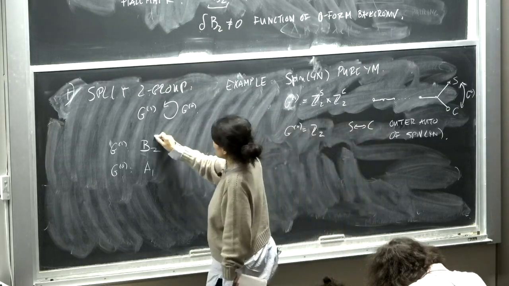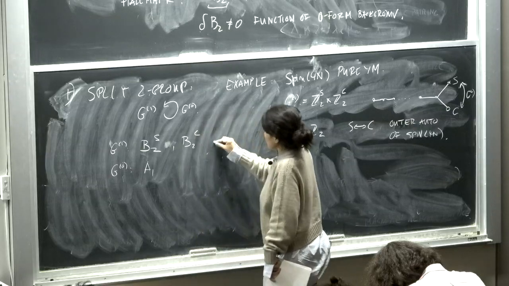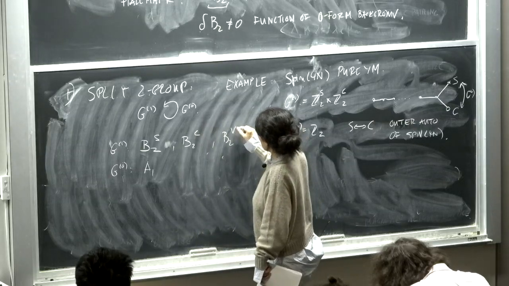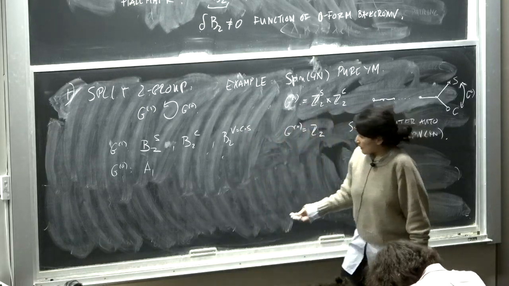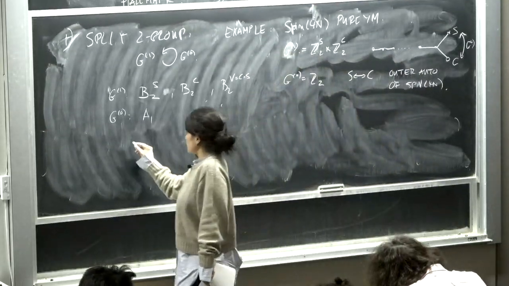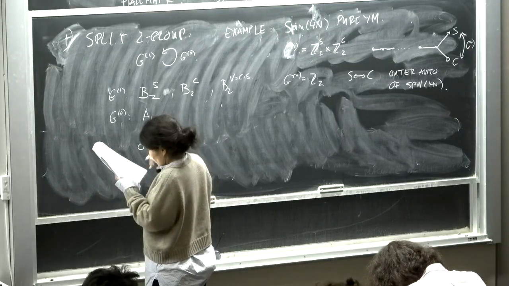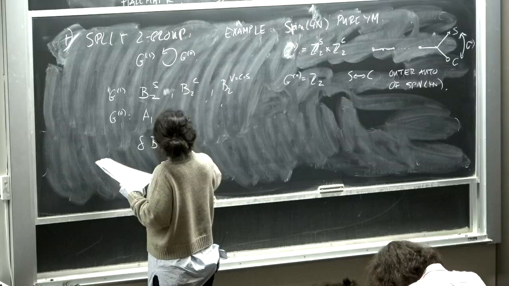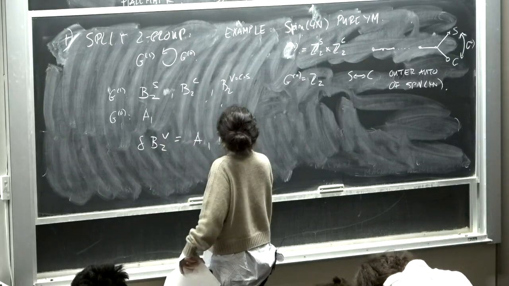So let's say one is B2S, and the other one is B2C. And then there's a diagonal, which is B2V, which is just S times C. Then there's a non-trivial relation that says that the variation of this B2 for V is actually A1 B2C.